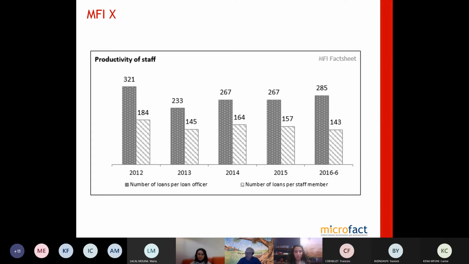By having both figures next to each other, the difference between dividing the whole number of active borrowers by your loan officers, by your front office people, and this is divided by all people. The difference between both shows you the size of your back office.